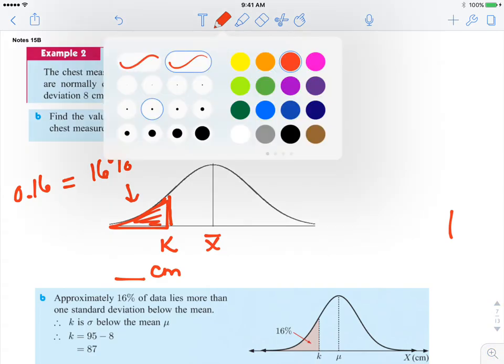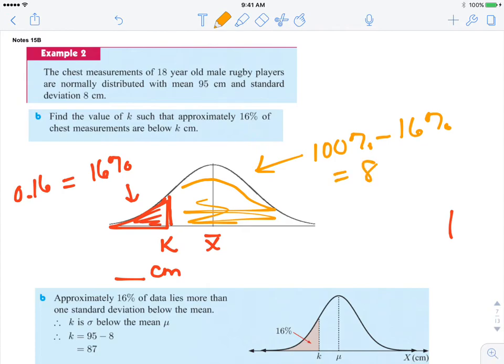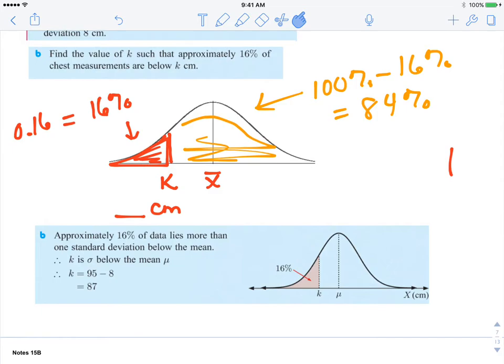So above in here is 100% minus 16%, which is 84%. So 84% will fall above it. So if we look, approximately 16% of the data falls below 1 standard deviation.